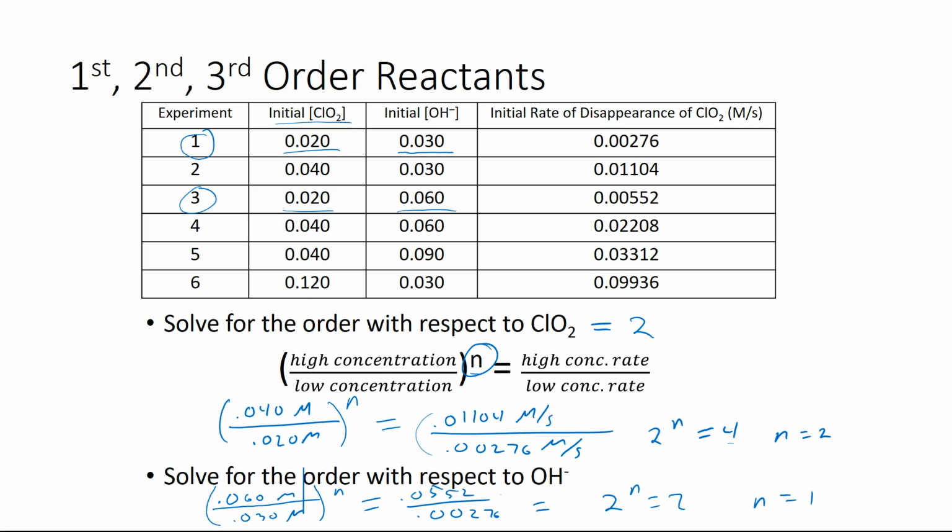All right. Now, in this reaction then, I would say that the order with respect to chlorine dioxide is 2, and the order with respect to hydroxide is 1.